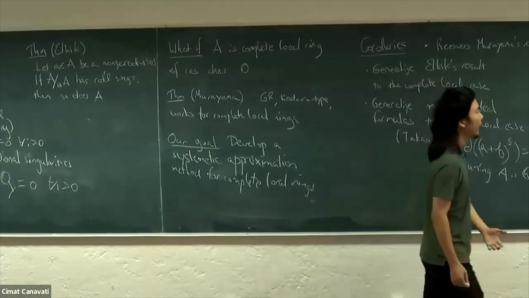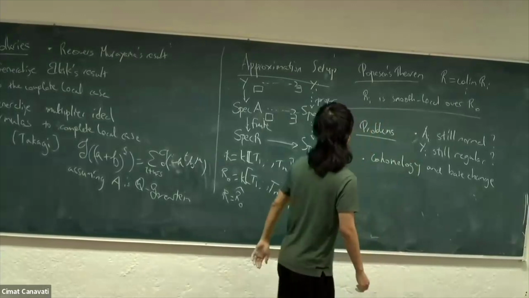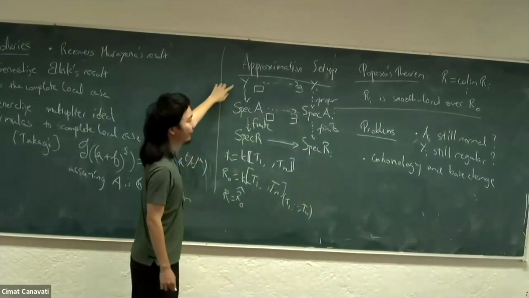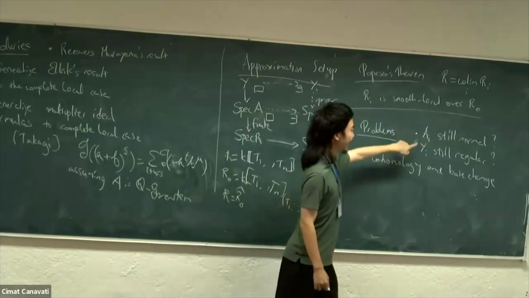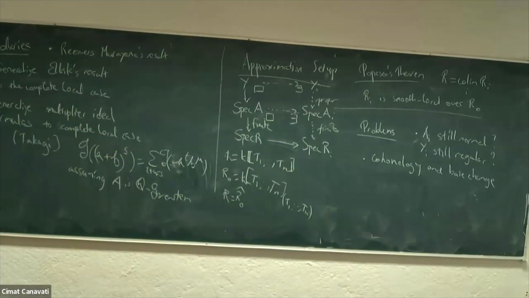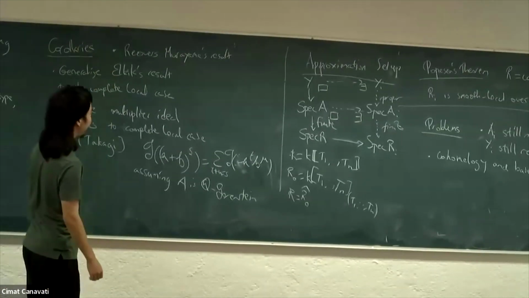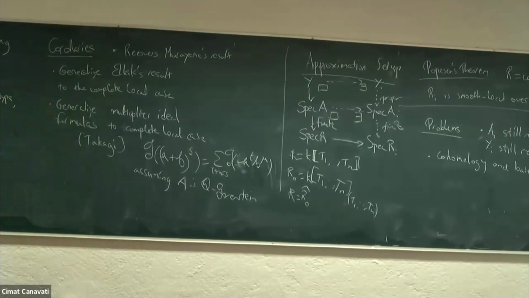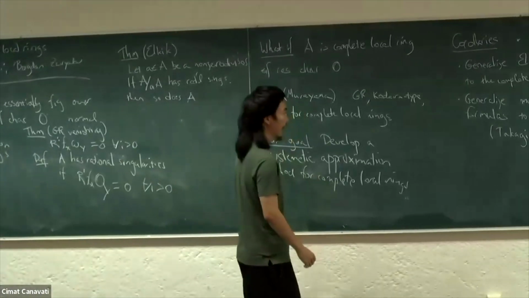But our method directly solves all these problems so that you could work with one fixed resolution. And when you go downstairs, you will always have these properties preserved, and you can directly calculate the multiplier ideal formulas just by base change, as well as dimension theorems by base change. And because you can also calculate these modules by base change, you recover Alex's result.